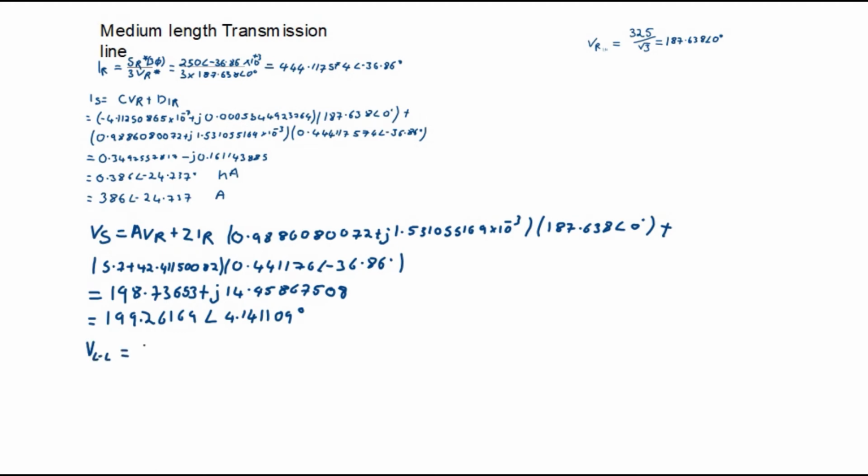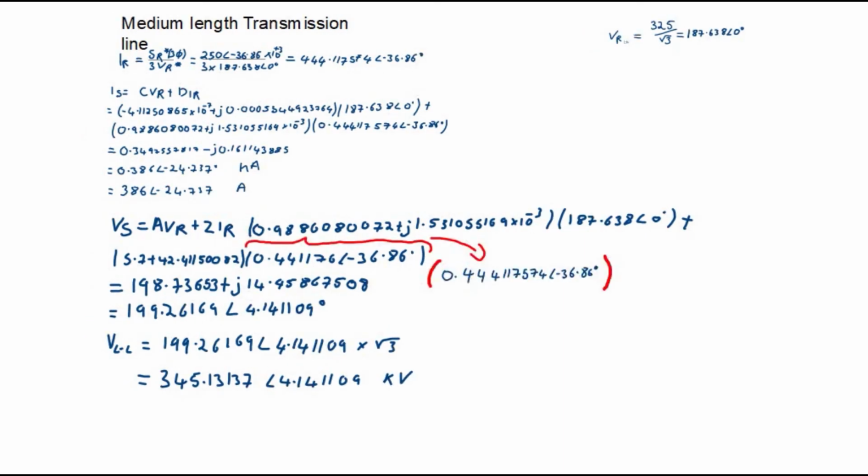The line to line is equal to 199.26169 at a phase angle of 4.141109 times square root of 3. This is equal to 344.13137 at a phase angle of 4.141109 kV.